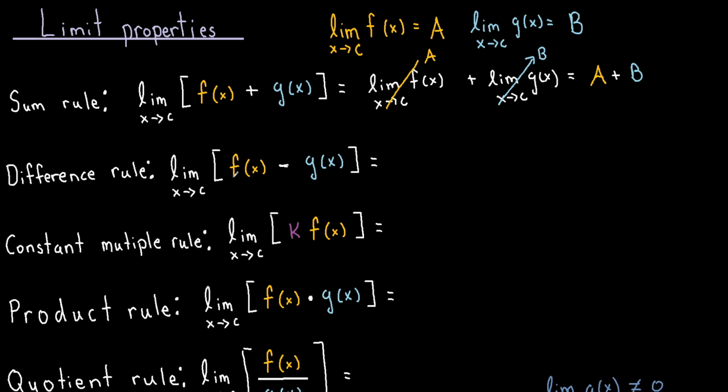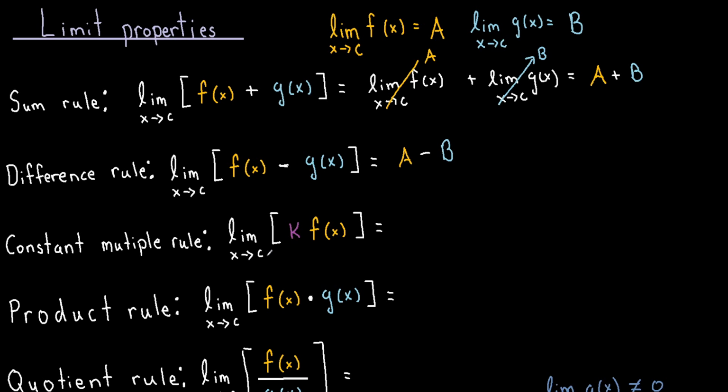Now, what if we subtracted the two functions? Well, we're doing the exact same thing as the sum rule, but this time we're subtracting. So we will get a minus b. Now, let's say we took the limit of some constant times the function f of x as x approaches c.